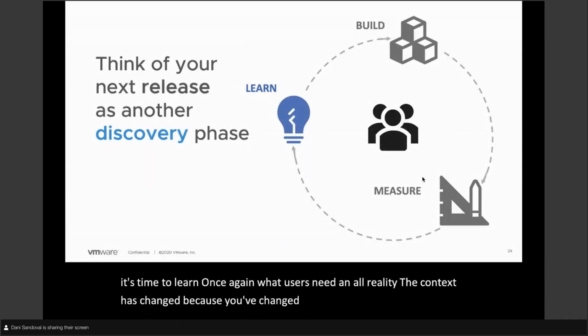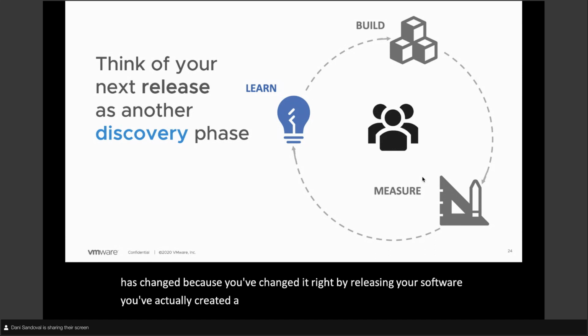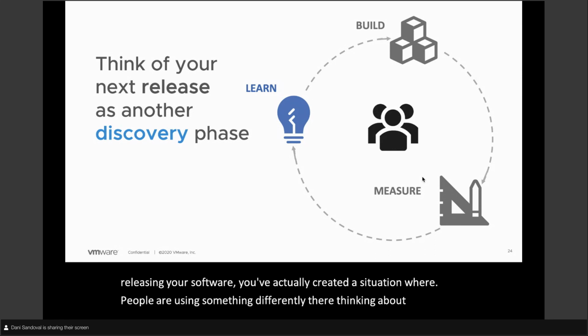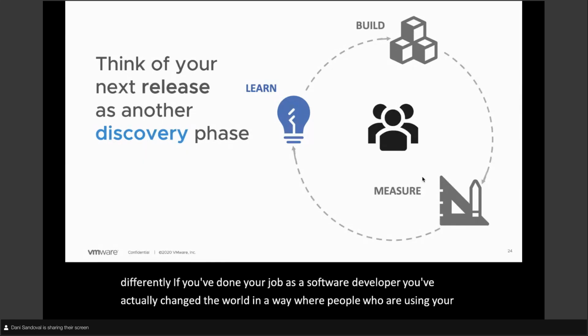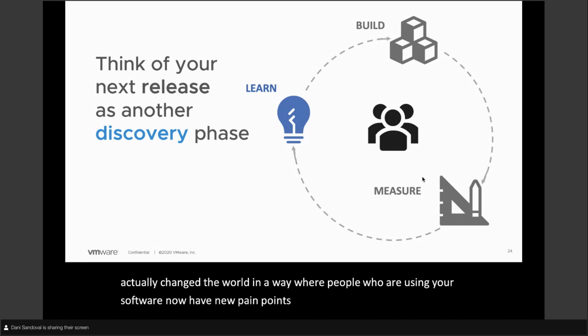By releasing your software, you've actually created a situation where people are using something differently. They're thinking about things differently. If you've done your job as a software developer, you've actually changed the world in a way where people who are using your software now have new pain points. They have new goals because you've solved one of their problems.